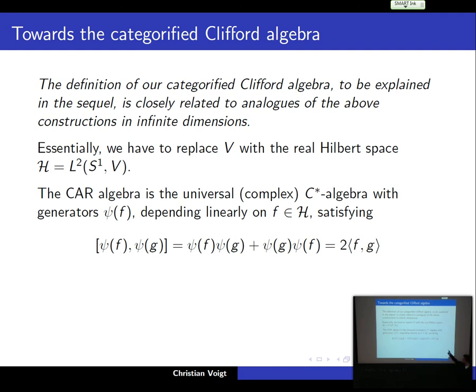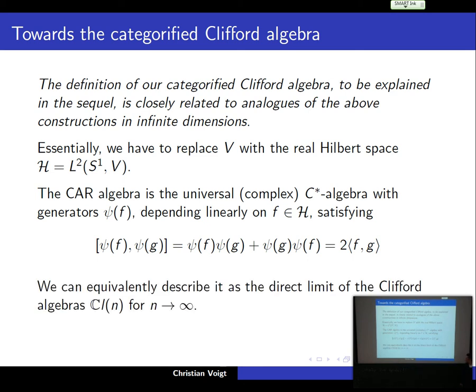More precisely, we will be interested in the situation where this finite dimensional real vector space V is replaced by the Hilbert space of L2 functions from S1 into V. Now, the obvious thing to do is to look at the Clifford algebra in this situation, which is nothing but the CAR algebra. And this is, of course, a well understood object.